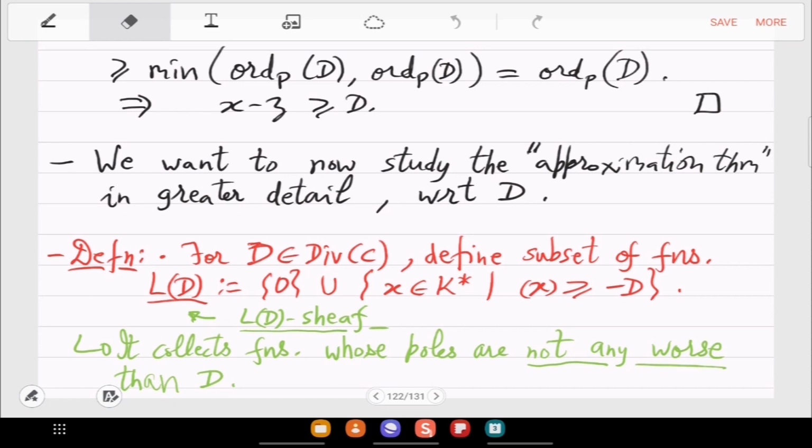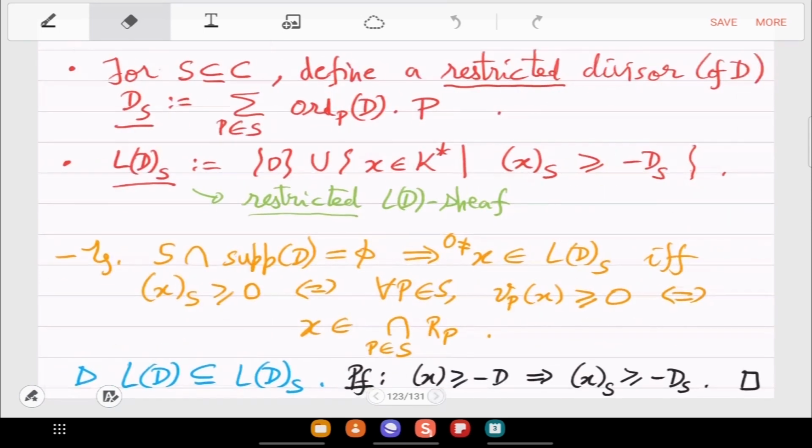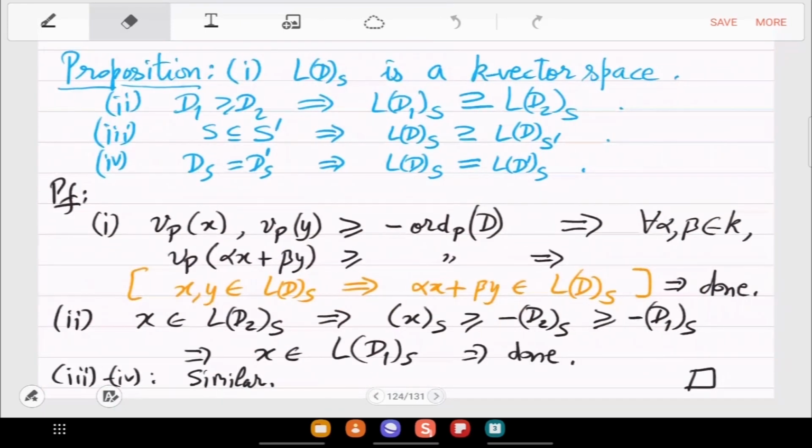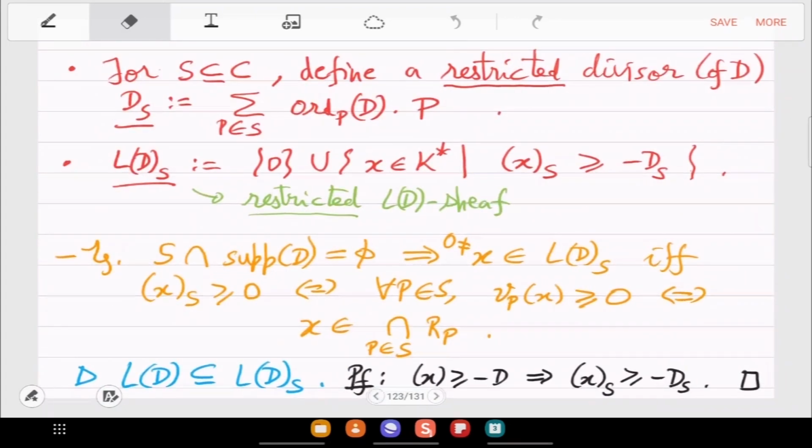It's easy because of the valuation property. That's the proposition. Let's recall what LDS is.